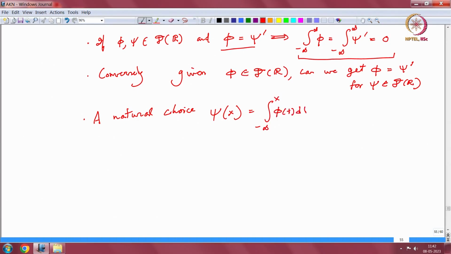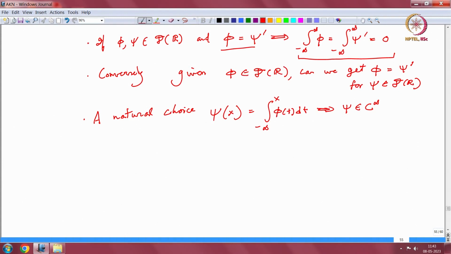Since phi has compact support, psi is C infinity. It will not have compact support in general, because phi having compact support does not imply psi has compact support.